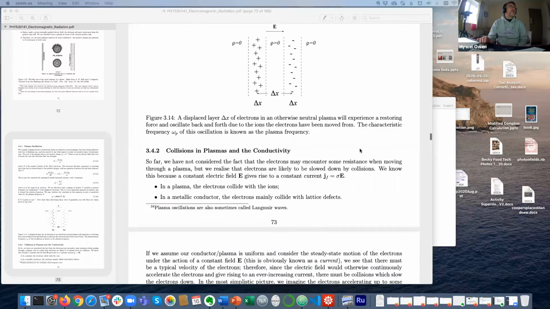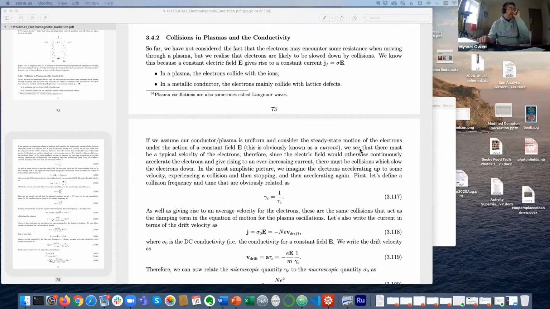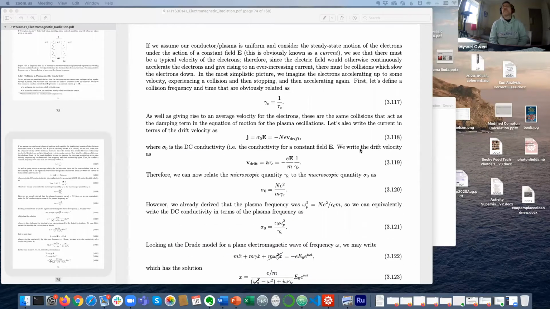Now, when we talked about collisions, one of the questions that was raised in PHYS3 was this drift velocity equation. And I realized that I should have put a little bit more detail into this discussion of how the drift velocity is attained. So the drift velocity is the average speed of the electrons in the plasma, or you might also think of these as being the average speed of electrons in a conductor, such as a metal.